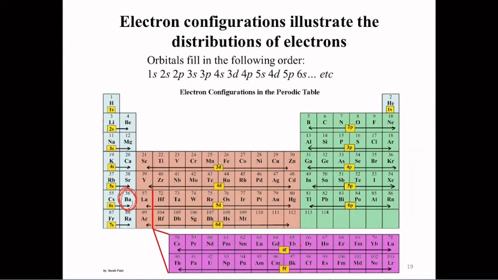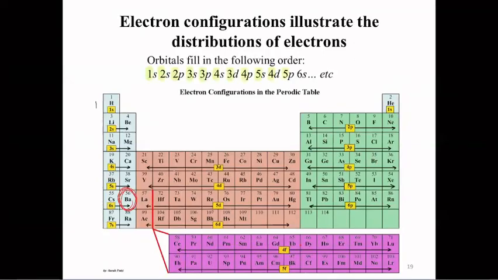Now, since we know that these orbitals are filled in this manner, all of this information is also incorporated into the periodic table. The values that you see right here, this 1, this 2, this 3, this 4, represent the periods in the periodic table.